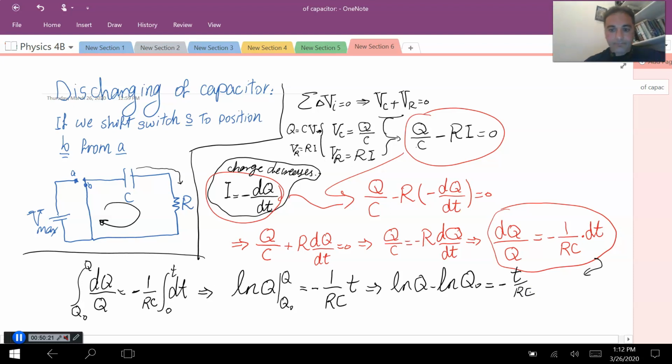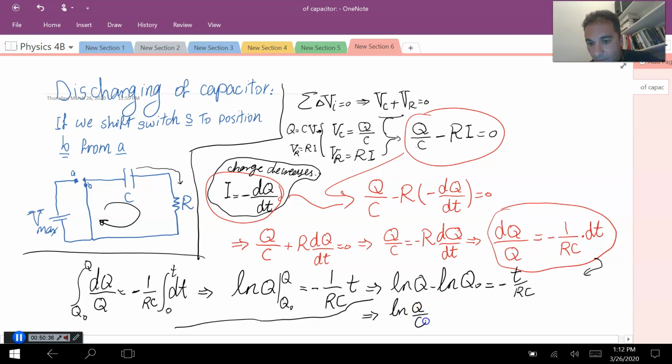Then I can keep going. I can write this as ln of q over q naught is equal with negative t over RC, correct?